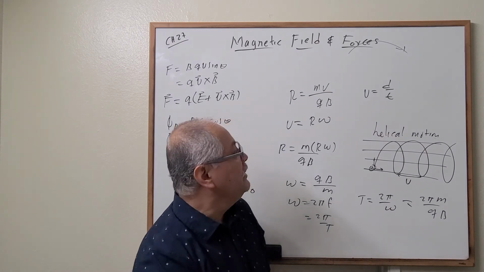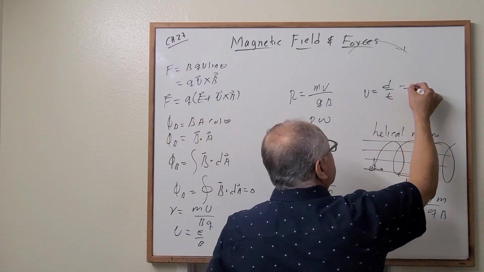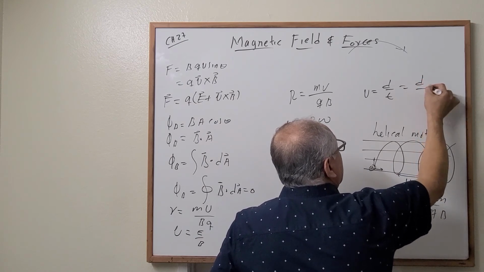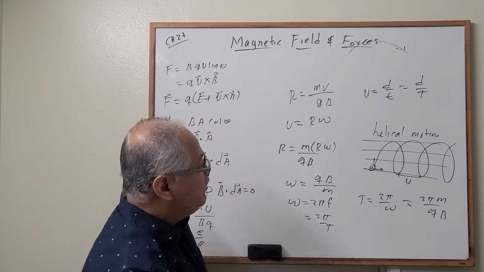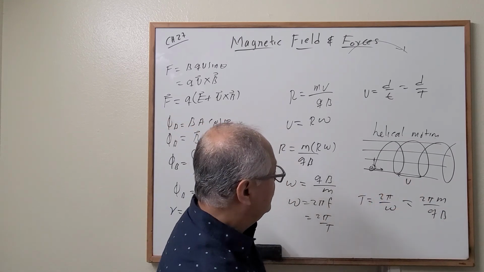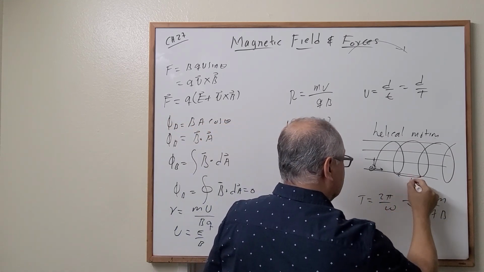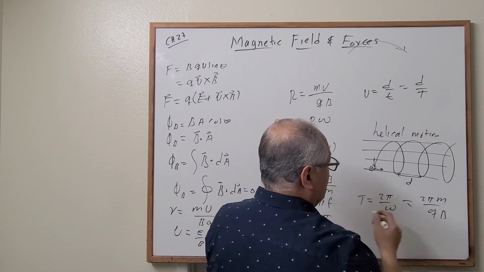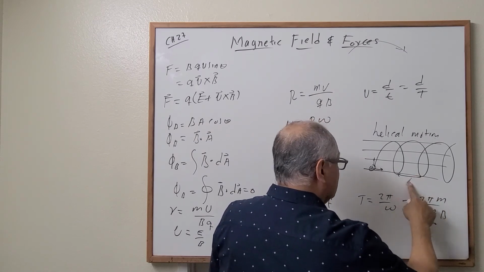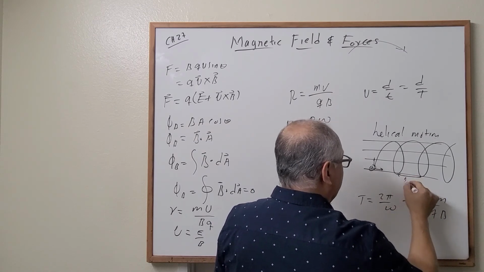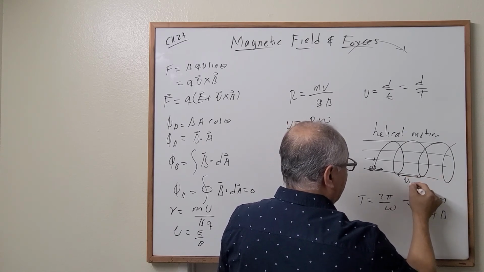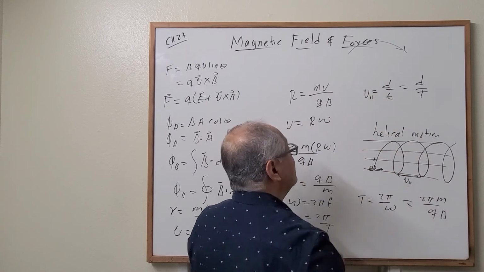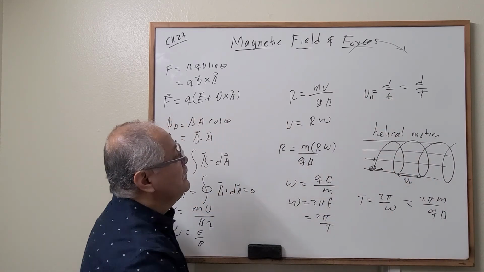And then we can find this distance d, from here to here. That distance is going to be covered with the velocity in this direction, let's say v parallel.